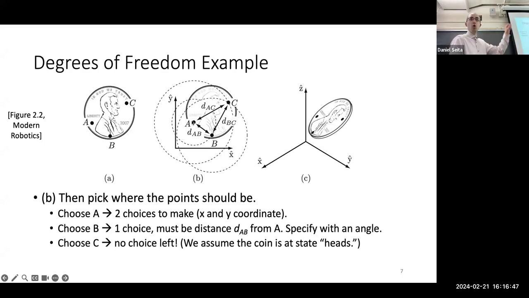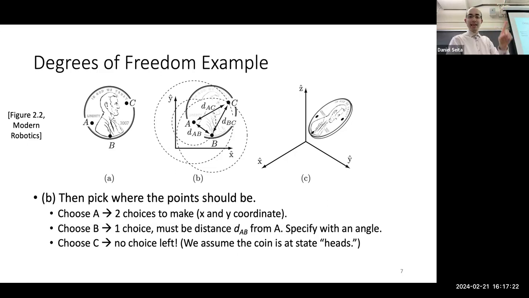So when you pick A, you have two numbers to specify. When we pick B, we are subject to the constraint that the distance from A to B must be DAB, so B must be on this circle. And then when we pick C, the distance from C to A must be DAC, and the distance from C to B must be DBC. When you draw it out, you only get basically one choice.